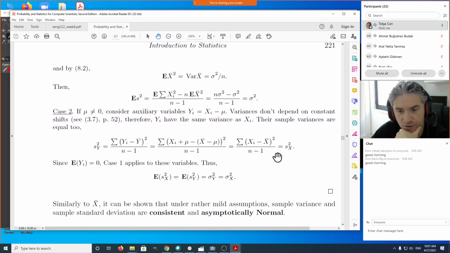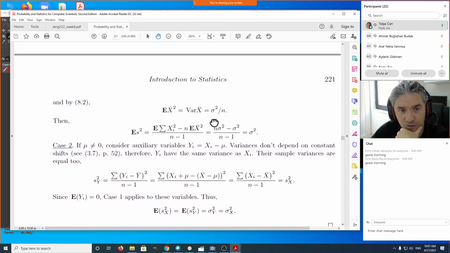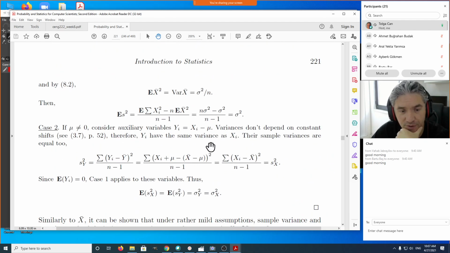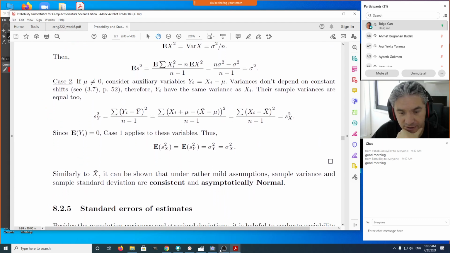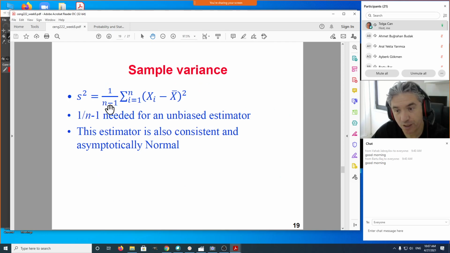The other part is also similar, but in both cases, I'm not going to go over the details of this proof. In both cases, we know that in order to get the sample variance unbiased, you have to divide by n minus 1.